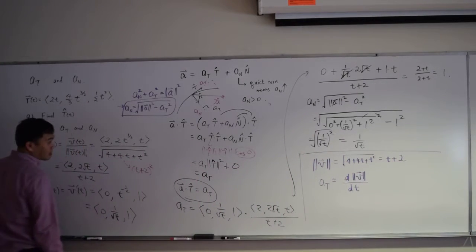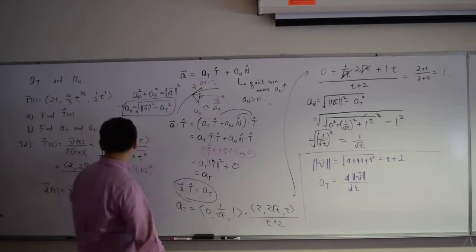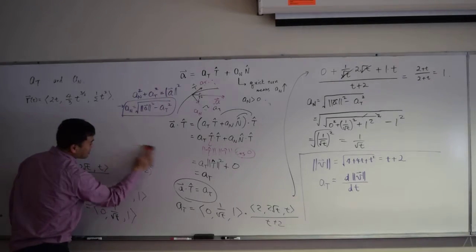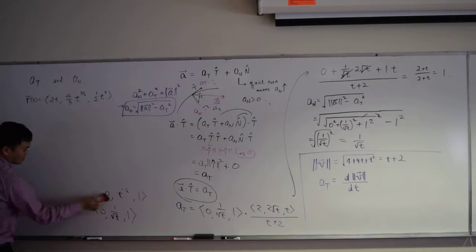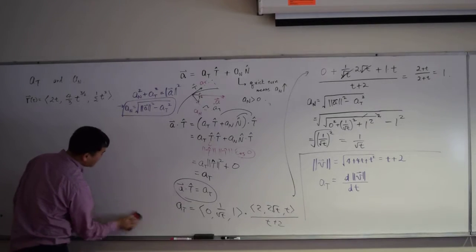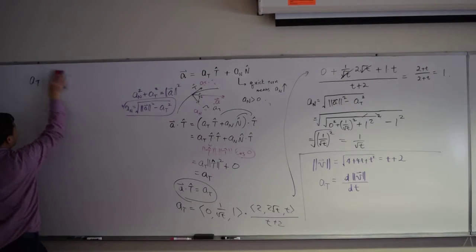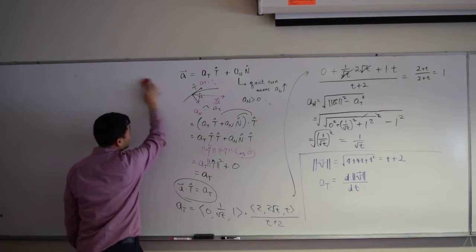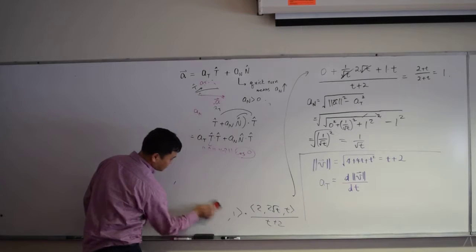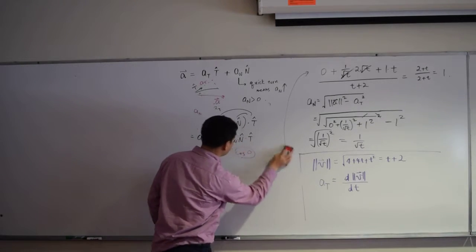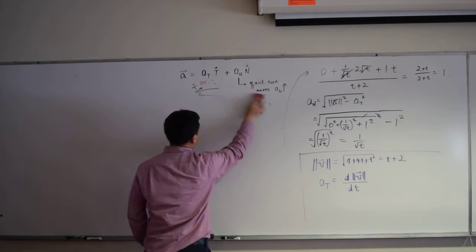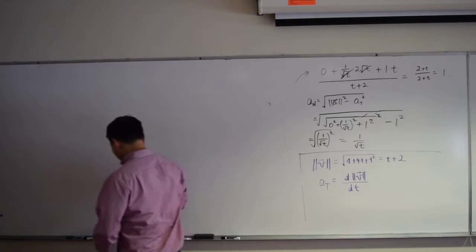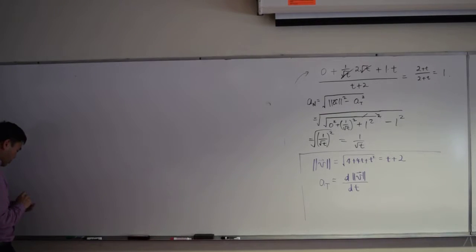So that's the, well, we already have the answer to this, but let me finish this section by actually proving that that's true. Okay. Why is the tangential component of the acceleration same as the derivative of the speed? Here's a quick proof.